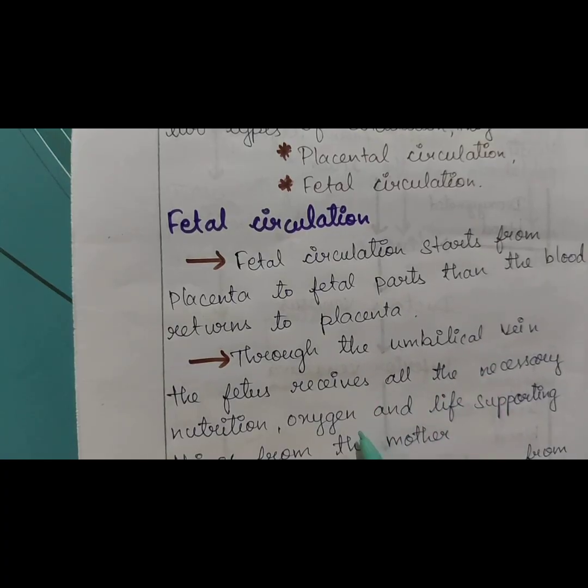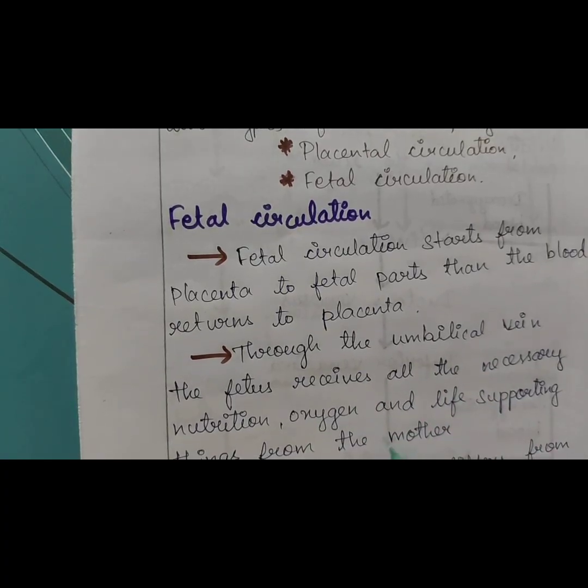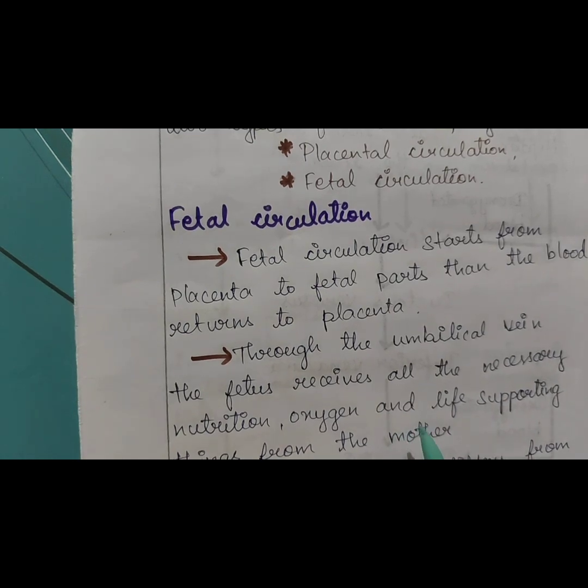All the nutritious blood is present in the placenta, and from the placenta only, through the umbilical vein, all the nutrition is received by the fetus.